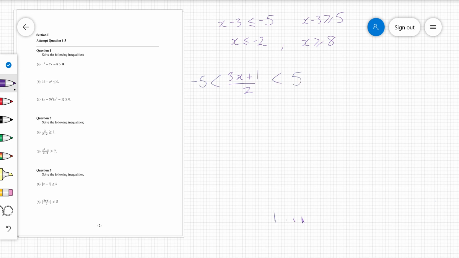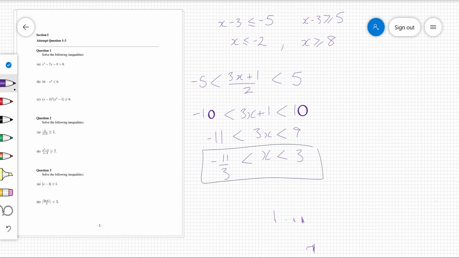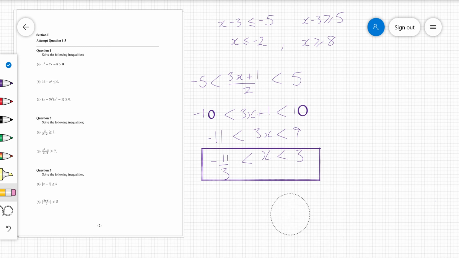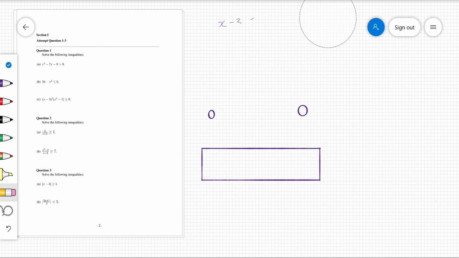So we multiply by 2 on both sides, and then we're going to subtract 1 from both sides, and then we're going to divide by 3 on both sides. And there you've got your answer. All right. So let's have a look at the next question.